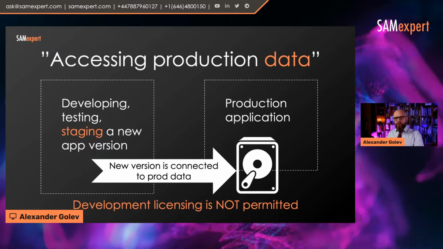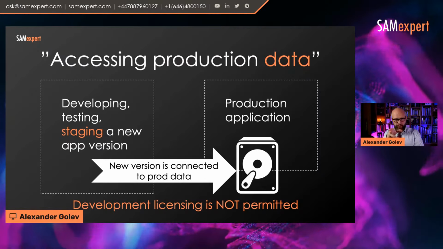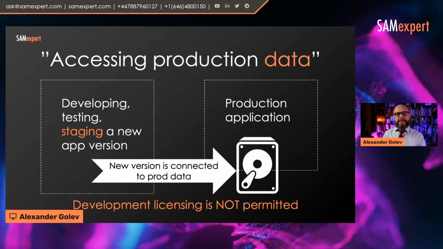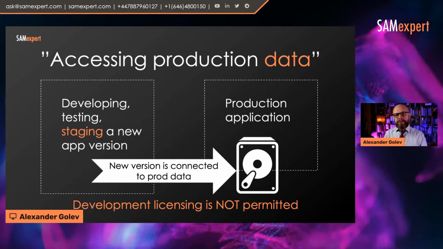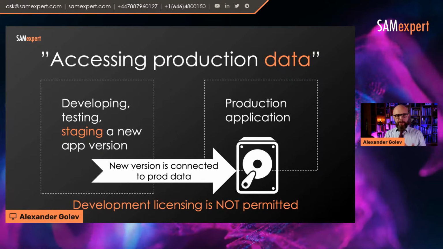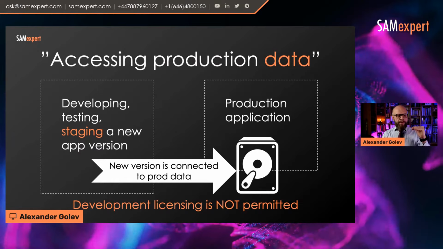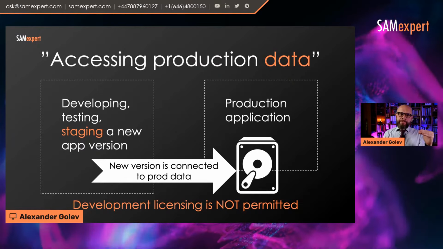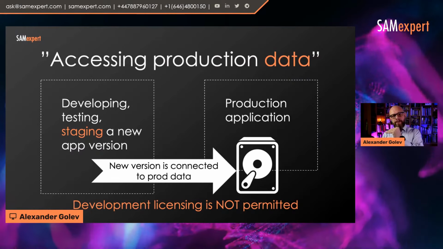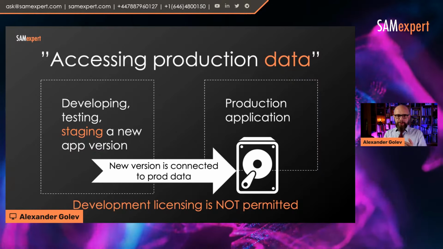But what we see often, and not just us, every auditor knows, if they hear from the client, from you, oh, it's a staging environment, they'll probably treat it as production straight away, because in the majority of cases, what staging means is you are either already connected to a production database, or the data that you have in staging will then be somehow migrated to production. That is also considered by the auditors and by Microsoft as production use.